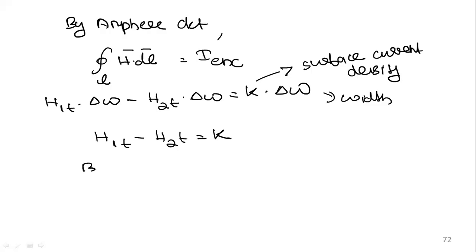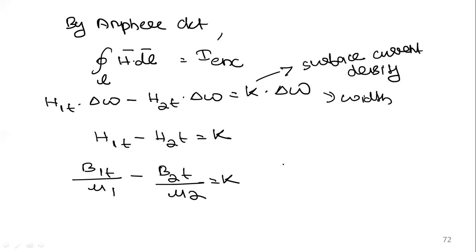Then bringing in the mu factor, B1T divided by mu1 minus B2T divided by mu2 is equal to K. So we have reached here. Actually only this much is required.